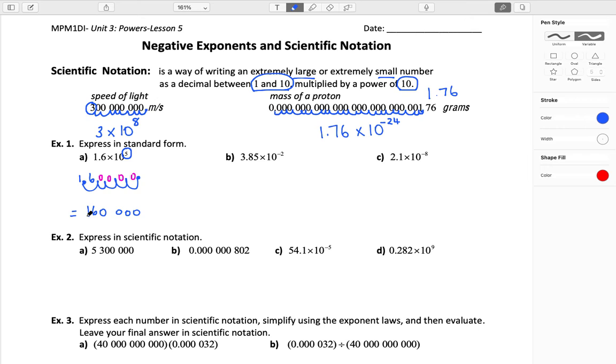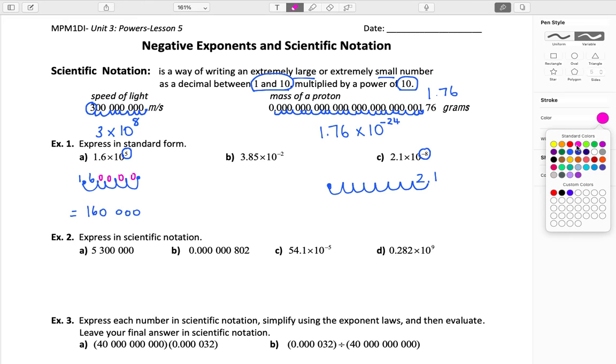Now what about letter C? It looks like it's 10 to the negative 8, so it's going to be a small number. 2.1 is here, and we're moving to the left. If it's negative, it's getting smaller. So by 8 steps: 1, 2, 3, 4, 5, 6, 7, 8. This is my decimal here.